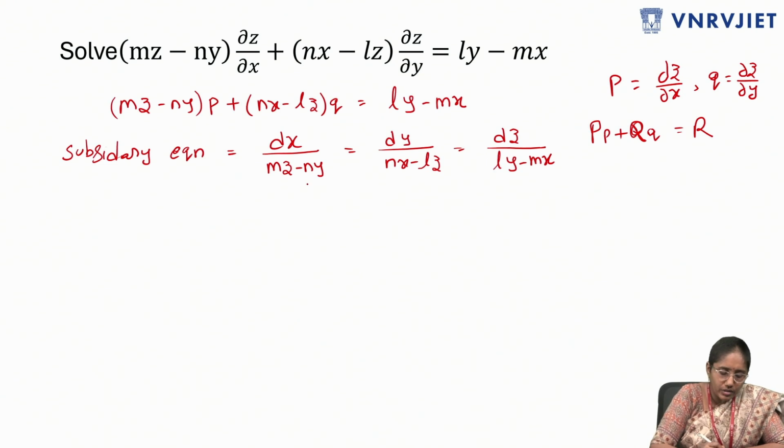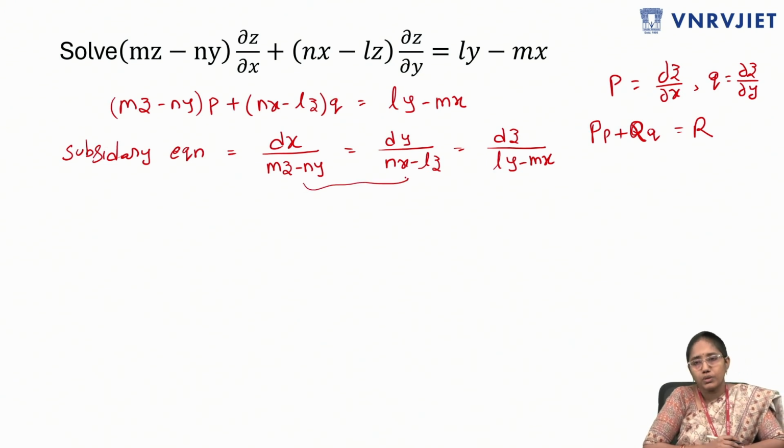If we take any two fractions in this, any possibility, 1 and 2, 2 and 3, or 3 and 1, we can't even express the two equations in two variables. It's not possible to find a single solution from the fraction method. So what could we do next? Next we go with the multipliers method.